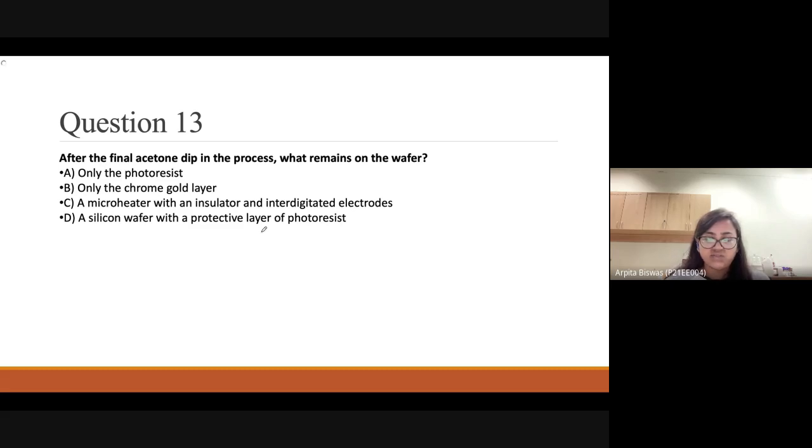After the final acetone dip in the process, what remains on the wafer? Only the photoresist, only the chrome gold layer, or a micro heater with an insulator and interdigited electrode. And the fourth option is a silicon wafer with a protective layer of photoresist.